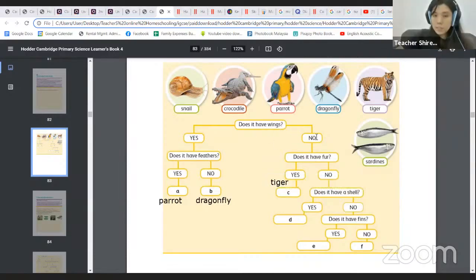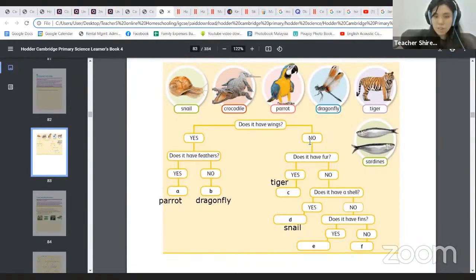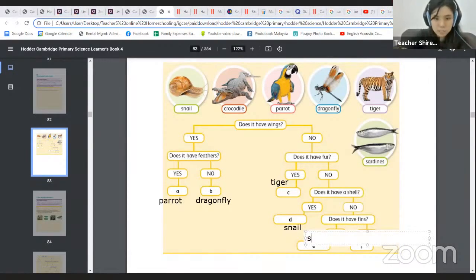It doesn't have wings, it doesn't have fur, but it does have a shell. Snail. Good. It does not have wings, fur, or a shell, but it does have a fin. Sardine. Sardines.